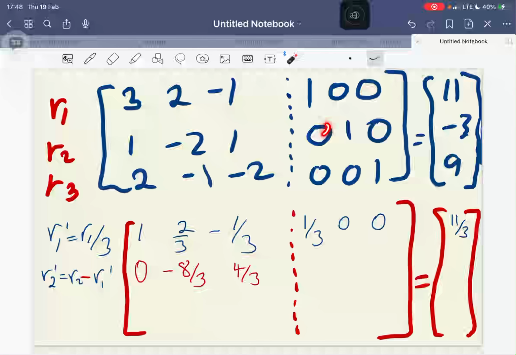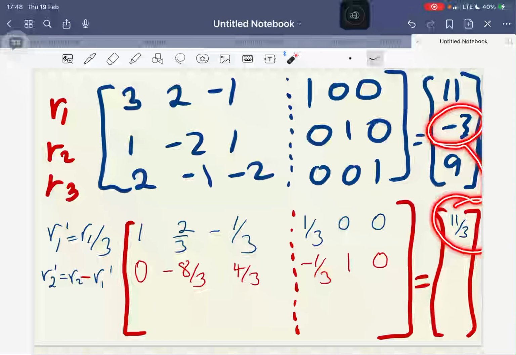Then we continue. We have 0 here. 0 minus 1 over 3. Our result is going to be minus 1 over 3. And next is 1 minus 0. Our result is going to be 1. 0 minus 0, 0. And now our minus 3. This is minus 3 minus 11 over 3.